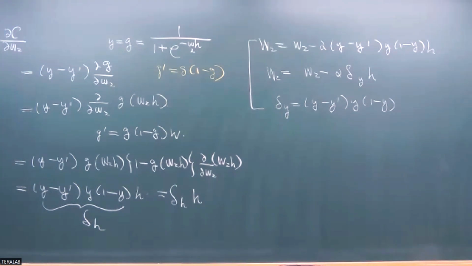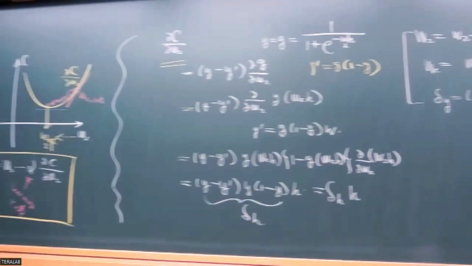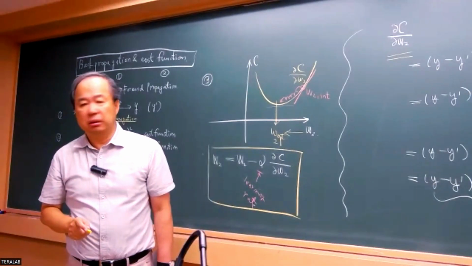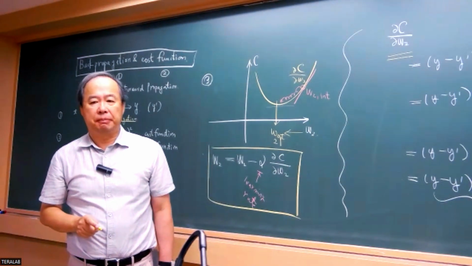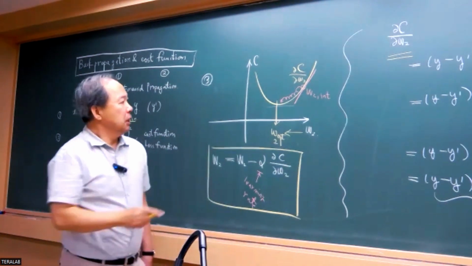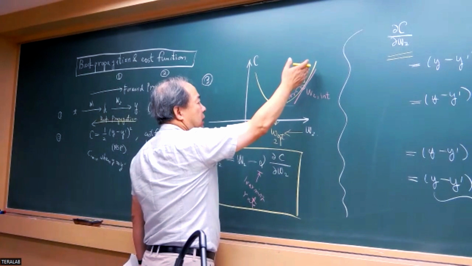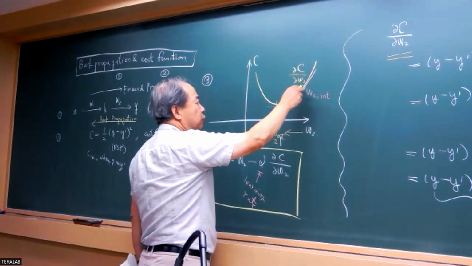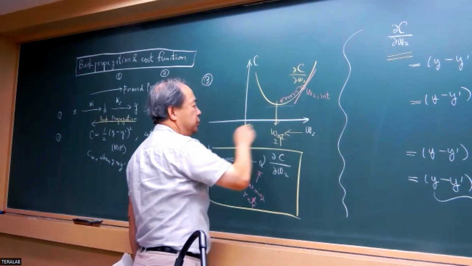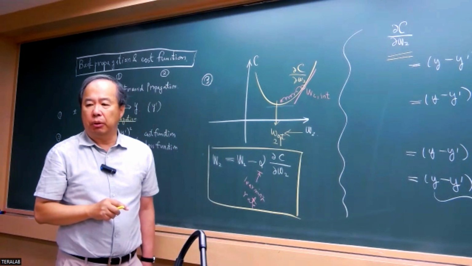What I'm trying to do is to obtain the slope of the cost function at a position of W2 initial. If we have a very steep slope, we have to jump more and more to reach the optimal point.